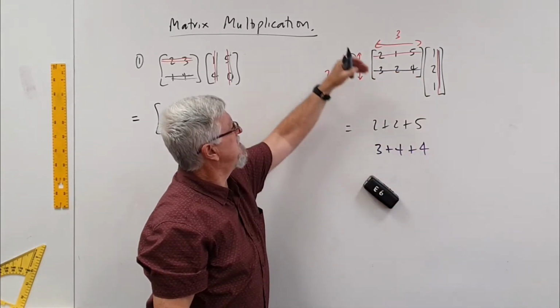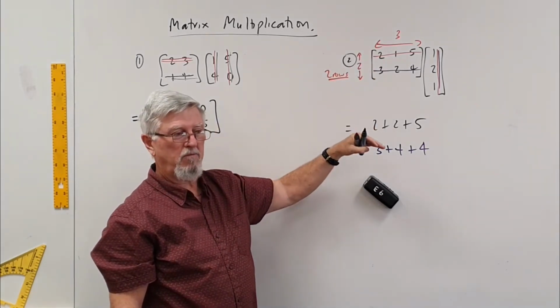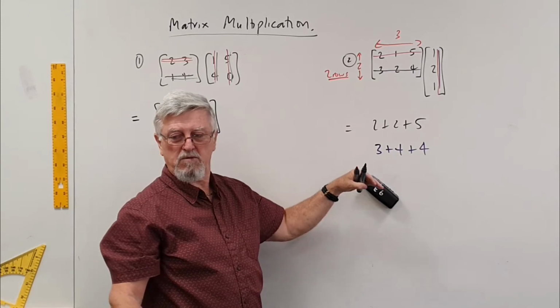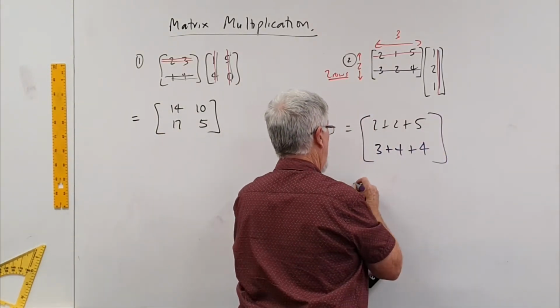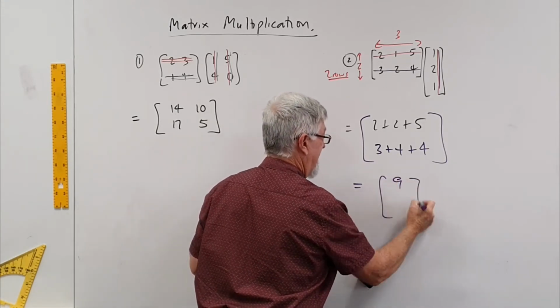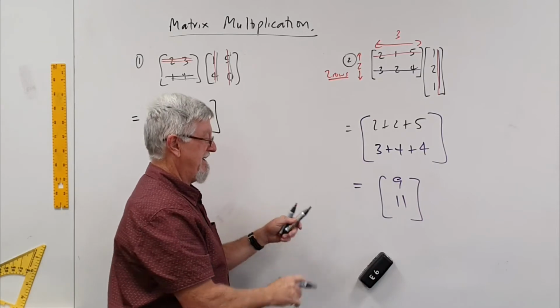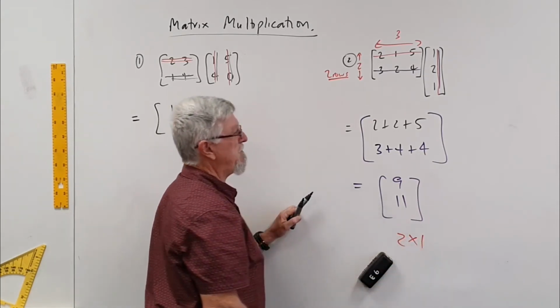Now the interesting part is that one I put on the top and that one I put on the bottom. So what's my matrix? There it is there. So the top number is 9, and the bottom number is 11. And we ended up with a 2 by 1.